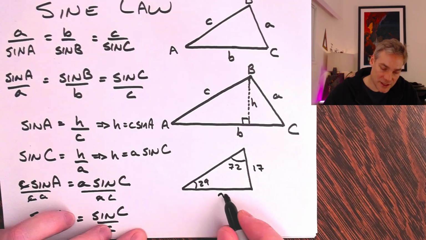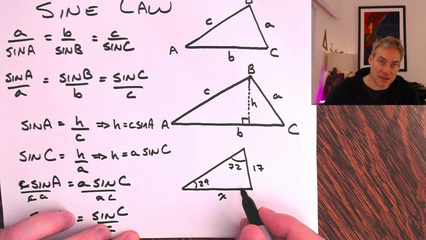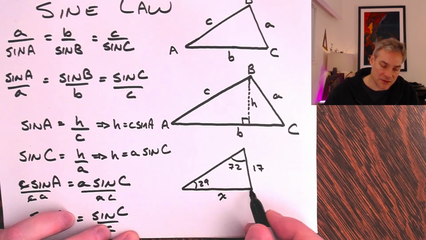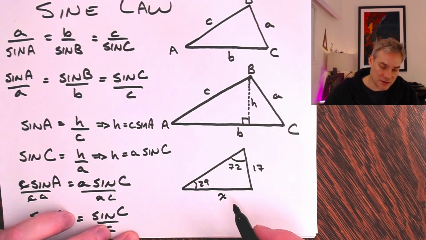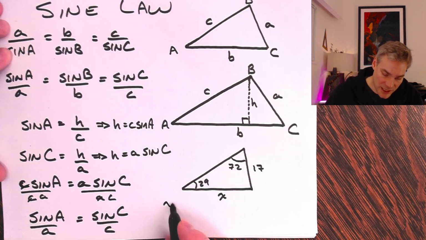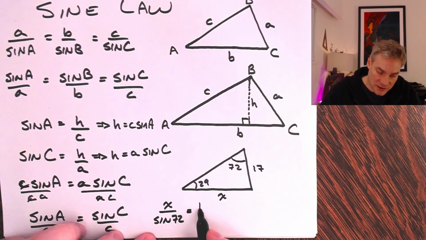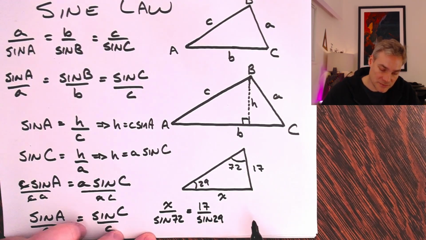I want to solve for this. So now I don't know this angle, but I can find it out because the sum of the interior angles of a triangle is 180 degrees. But that's not important. I can just use the sine law and say, well, I can write it this way as well. So x over the sine of 72 is equal to 17 over the sine of 29.